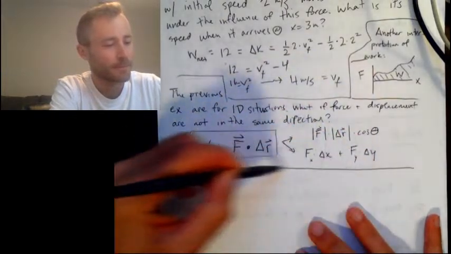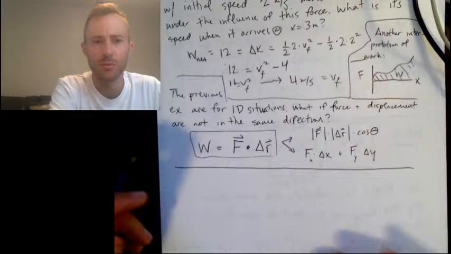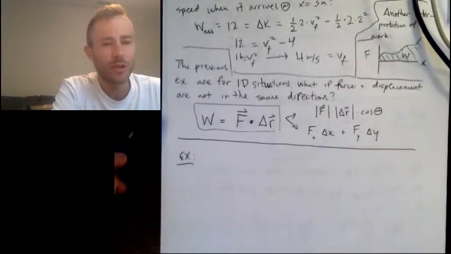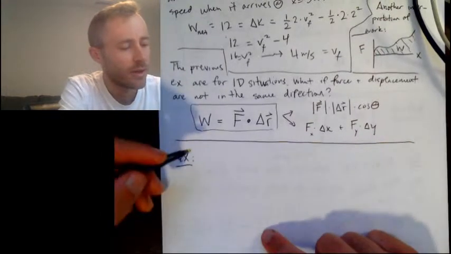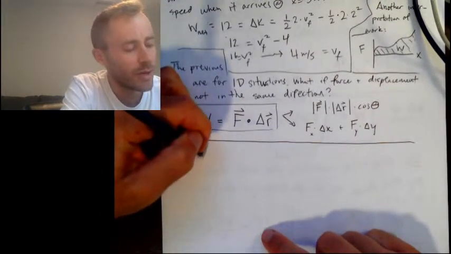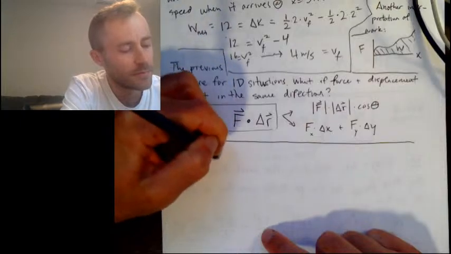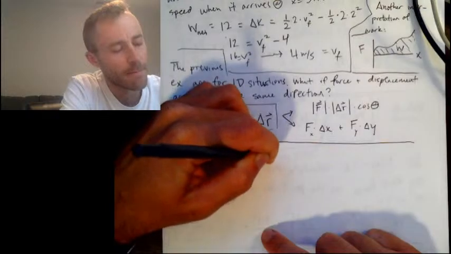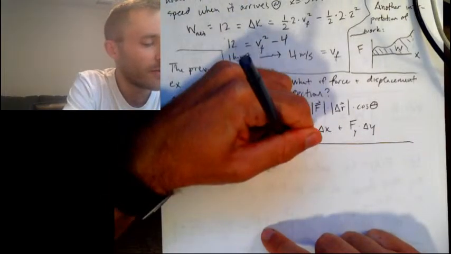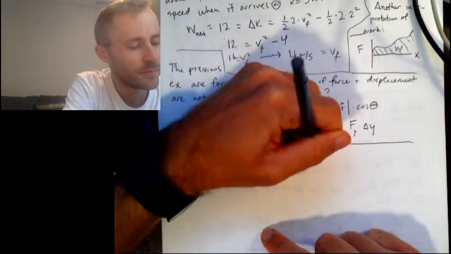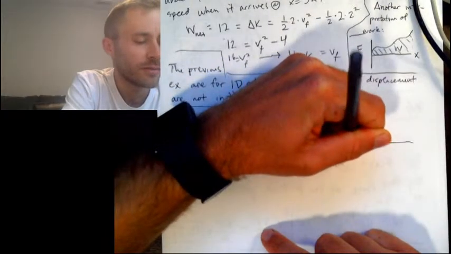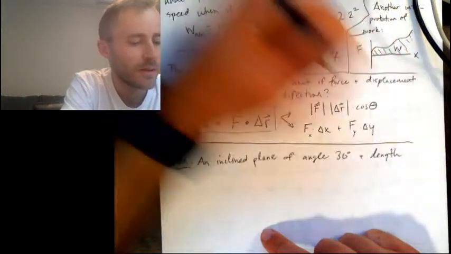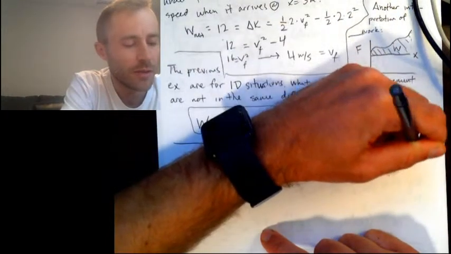Okay, so let's use this to do an example. Let's suppose you have an inclined plane of angle 30 degrees and length 11 meters.